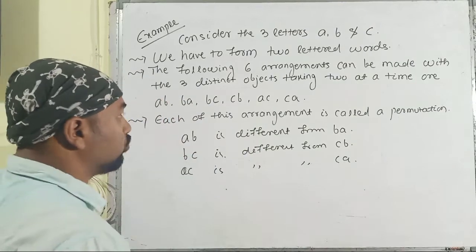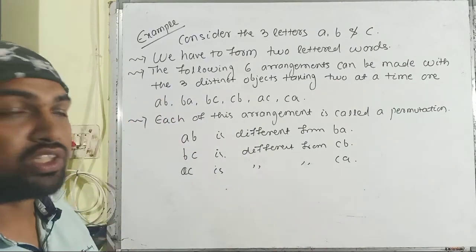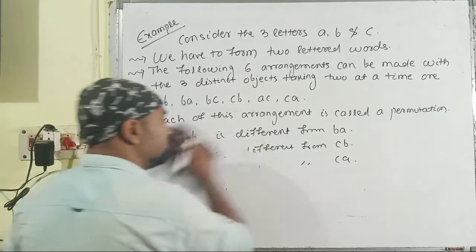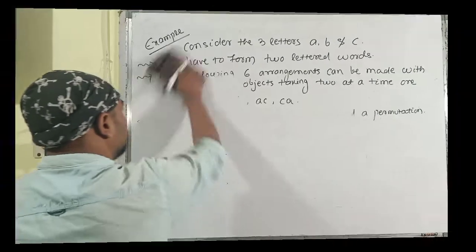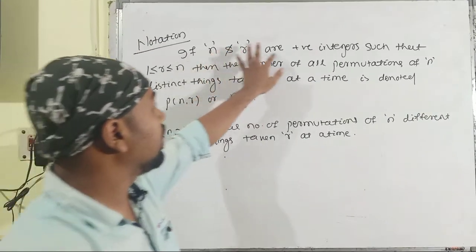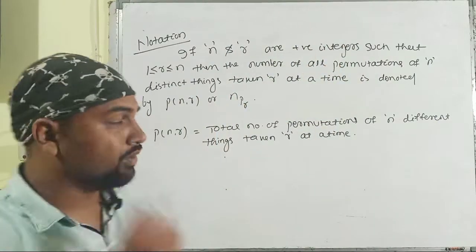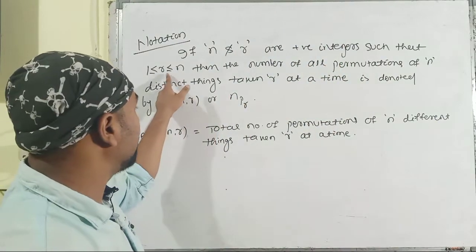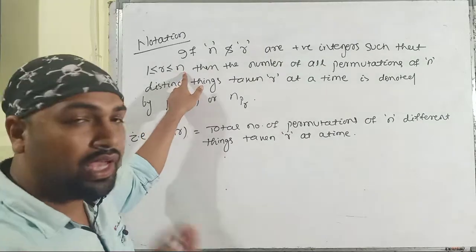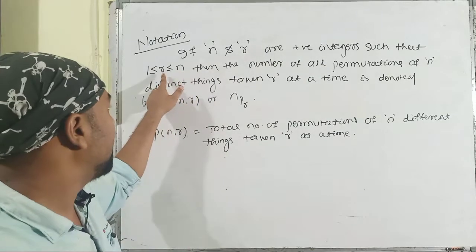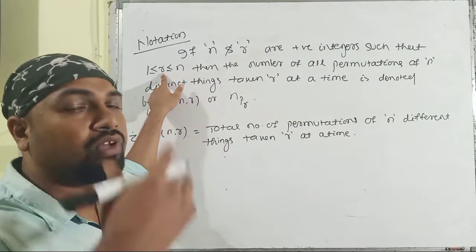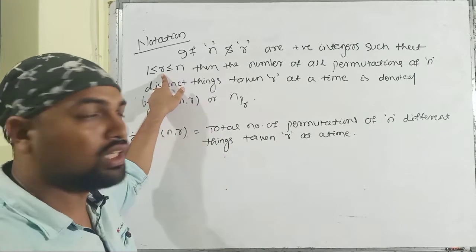Then moving towards the notation of a permutation. If n and r are 2 positive integers such that 1 ≤ r ≤ n, n denotes the number of objects and r denotes the number of places, or the number of choosings.